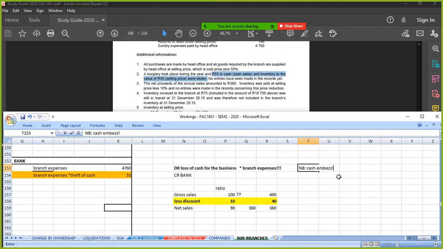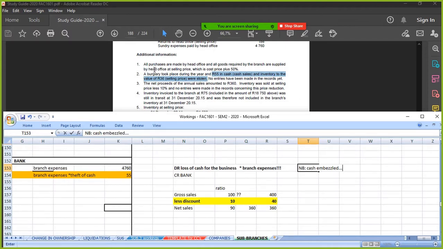It's probably in your textbook as well. Do you have example 9.5? Yes. Is it also labeled cash embezzled or stolen? Yes. Okay, do you see just before that example, there's a note here, there's a paragraph. The paragraph says if cash is embezzled from the proceeds of cash sales. Is that happening here?